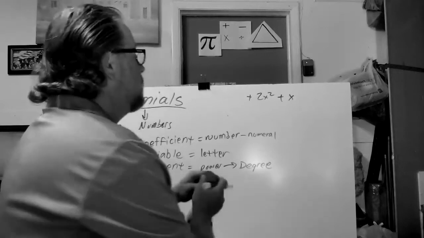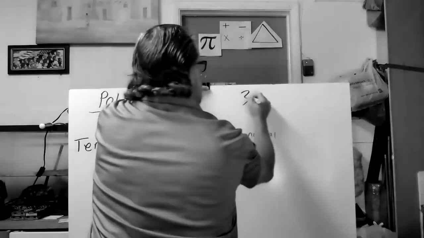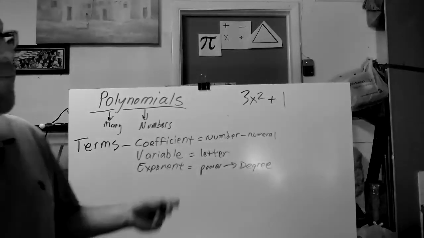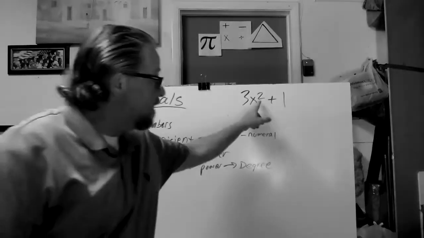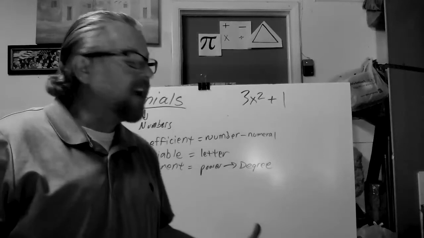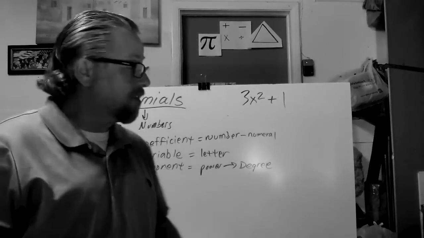Why is this important? Let's say you get something like this, 3x squared plus 1. That's a polynomial to the second degree because we've got a 2 for our exponent. There are operations where you have to kind of make something up. Use your abstract thinking.